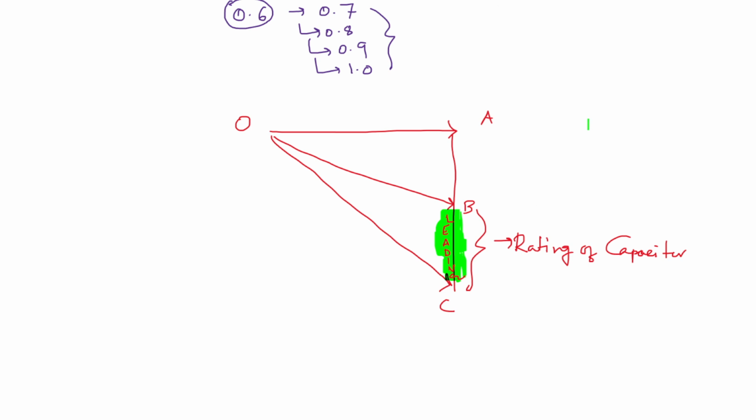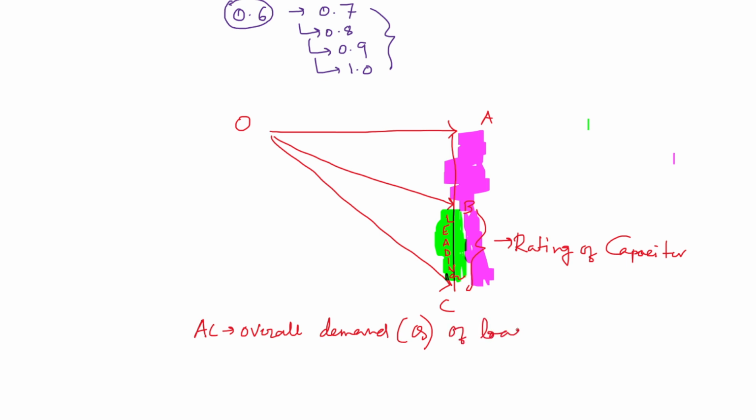Now when the capacitor is not there, the overall demand is this AC, this entire thing. AC is the overall reactive power demand, not active power demand, of that load or transformer or substation, or you can say system, whatever you say.